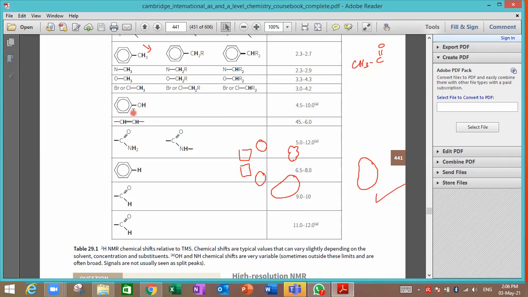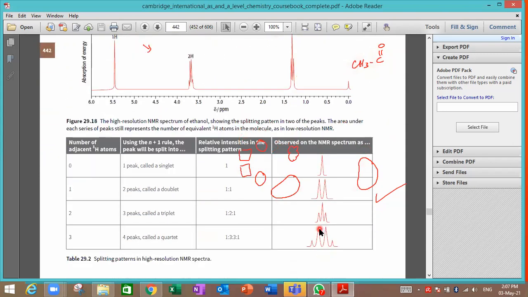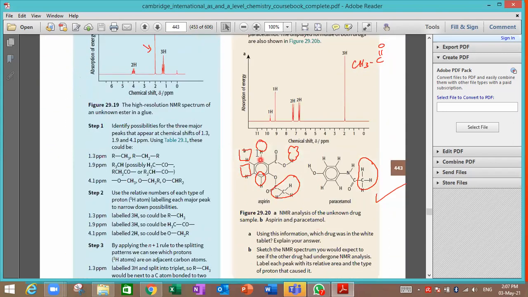So also it appears between 4.5 and 10. This is between 4.5 and 10, and this is between 5 and 12. And this means that one of them, we don't know which one of them, will be an NH, and the other will be an OH. We don't know which is which.